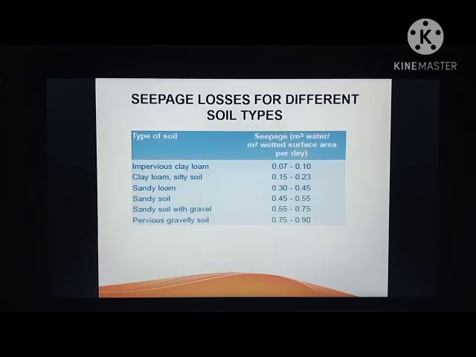Clay loam and silty loam has 0.15 to 0.23. Sandy loam 0.30 to 0.45. Sandy soil 0.45 to 0.55. Sandy soil with gravel 0.55 to 0.75. Previous gravelly soil 0.75 to 0.90. These are a representation of seepage in different soil types.